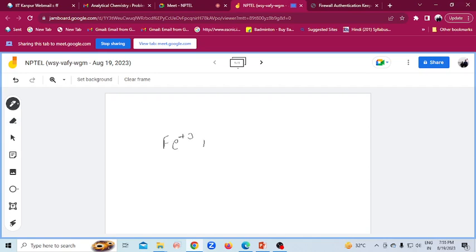When it reacts with thiocyanate, SCN minus, it makes a complex of FeSCN. It has a charge of plus 3 and minus 1, so the overall charge of this complex will be plus 2. Why are we selecting only this ligand?